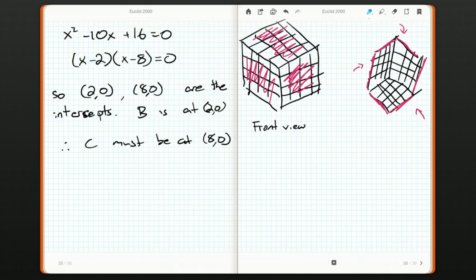So we're going to be able to discount all the cubes along the outside.